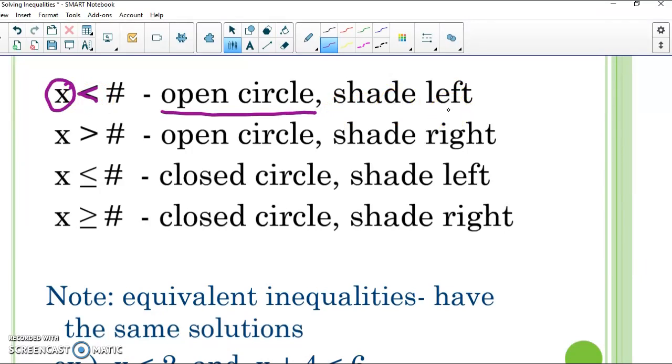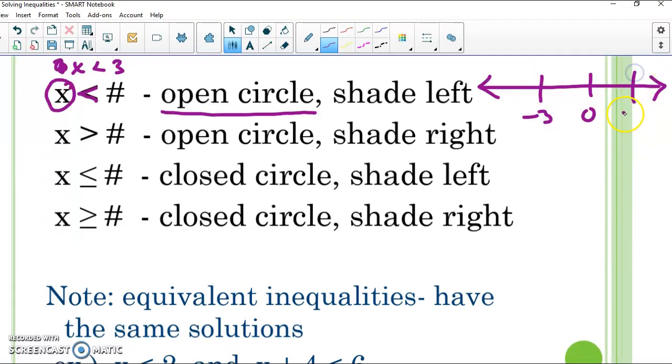So for example, if I say that x is less than 3, then on my number line as I graph it, I will put an open circle at 3, and then I'm going to shade to the left. I'm going to use a squiggly line so that you can tell the difference between my shading and my actual number line. So the open circle tells you that x cannot be equal to 3, and the shading shows you that it could be anything less than 3.